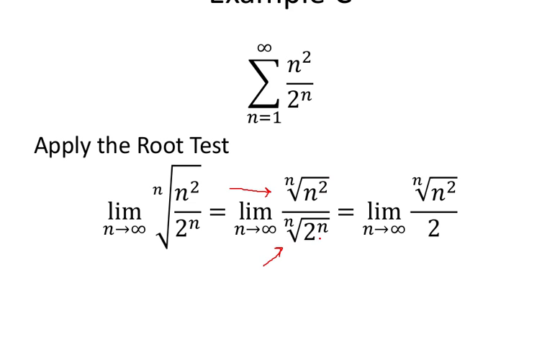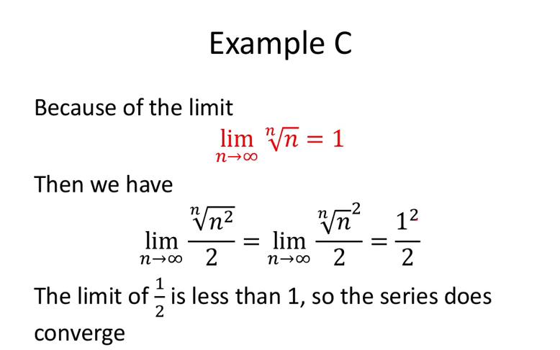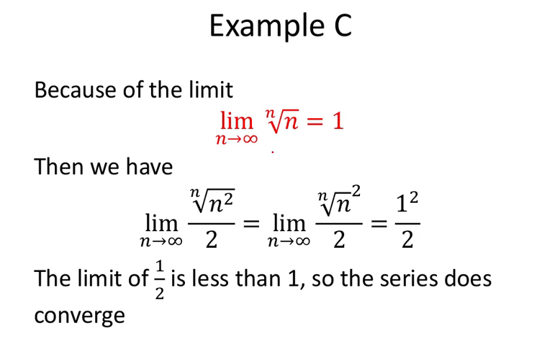In the denominator, the nth root of 2 to the nth power cancels out to 2. And so now we're left with the nth root of n squared. That's a limit that you can look up: the nth root of n is equal to 1 as n approaches infinity. The difference is that we have this squared in here.